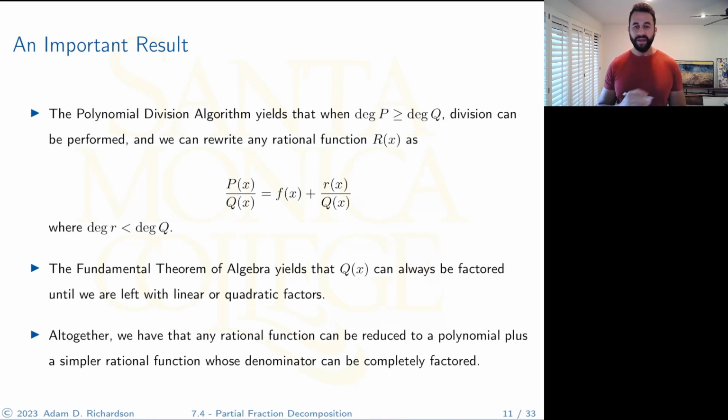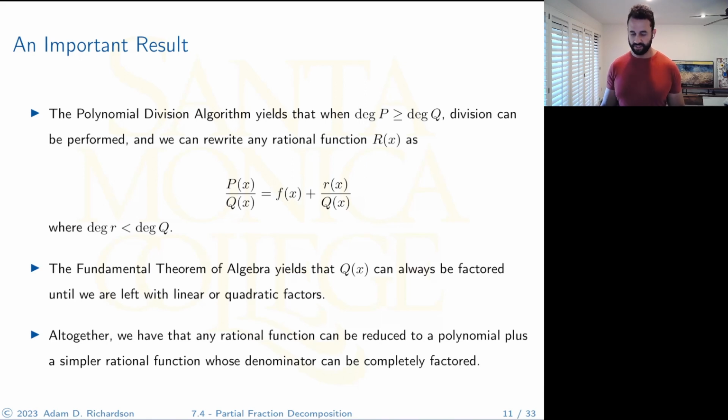All right, so polynomial division says you can always get this. The fundamental theorem of algebra says that you can always factor this part, Q of x. You can always factor it until you're left with linear or quadratic factors. So altogether, putting both of these conclusions together, it means that if we have any rational function, we can reduce it to a polynomial plus a simpler rational function where the denominator can be completely factored.